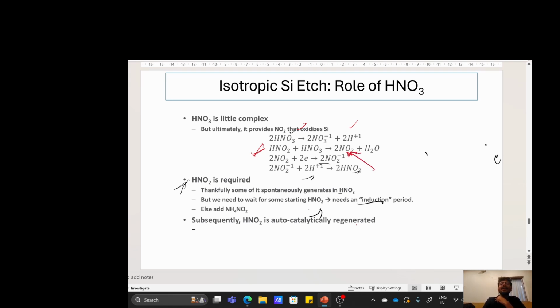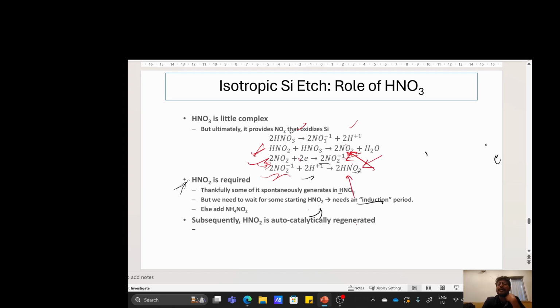This NO2 will take 2 electrons released by the anode and cathode reactions, because of the random domains. Then this 2 NO2 minus will give you HNO2 again.